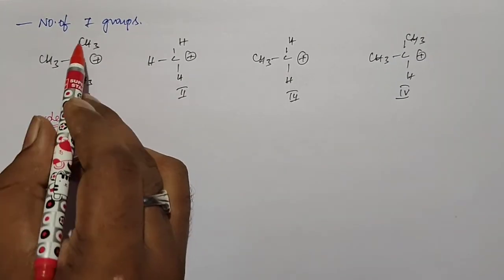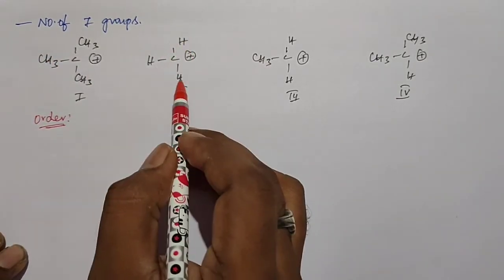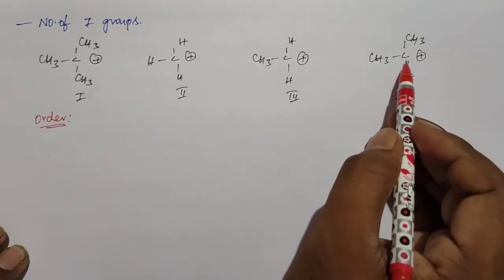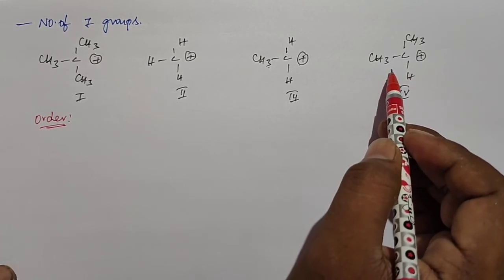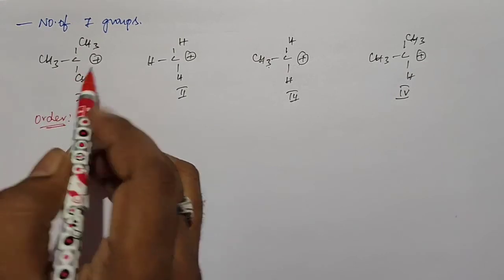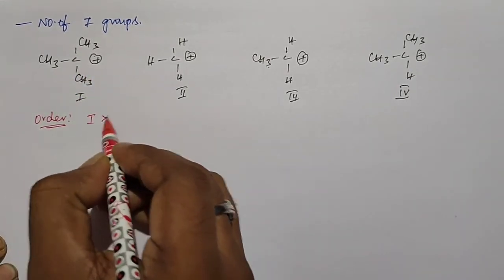here the carbocation is attached to 3 plus I groups, and here the carbon is attached to 3 hydrogen atoms. Here the carbon is attached to 2 hydrogen atoms, 1 plus I group. Here the carbon is attached to 1 hydrogen, 2 plus I groups. The plus I groups increase the stability of carbocation. Here the carbocation consists of 3 plus I groups, so it has more stability. So the first one is highly stable.